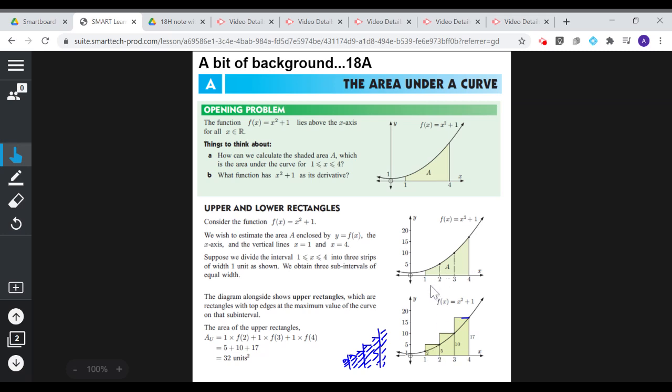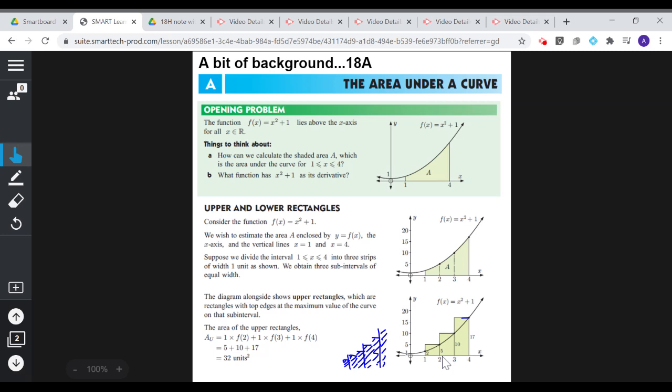Okay, so I decide to go with rectangles that have a base of 1 and a height as high as the curve goes. So here, if I go between 1 and 2, well, f at 2 is going to be 2 squared plus 1, which is 5. Between 2 and 3, I'm going to have a rectangle that goes up to a height of 10, because f at 3 is 3 squared plus 1, which is 10.